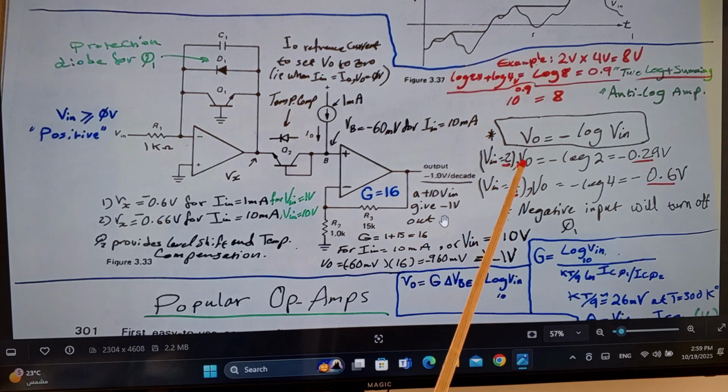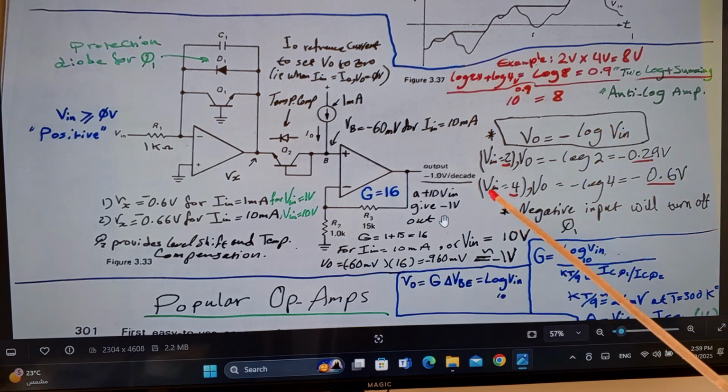And what do we have here? We have Vin equals 2, Vo equals 1. Okay, and this is how it's done, to see how that 0.9 came. We have a Vin of 2 volts here, so the output will be minus log of 2.